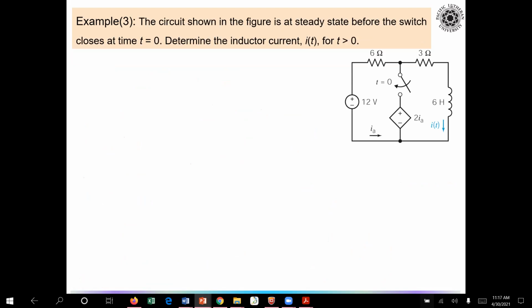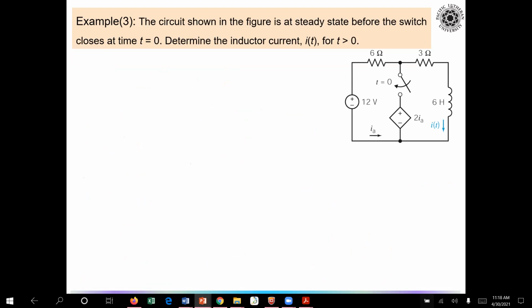Anytime you're given an electric circuit that has a dependent source in it, you have to be careful. Before you start to solve it, you need to think about the concept first, how we find everything. The steps are the same.